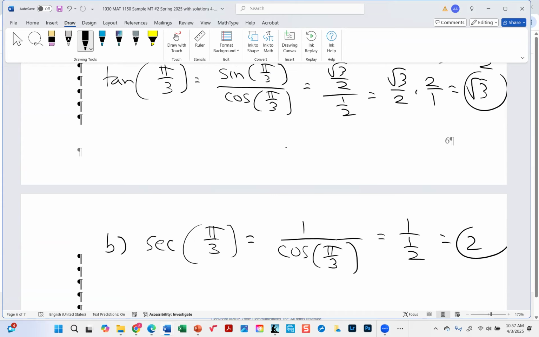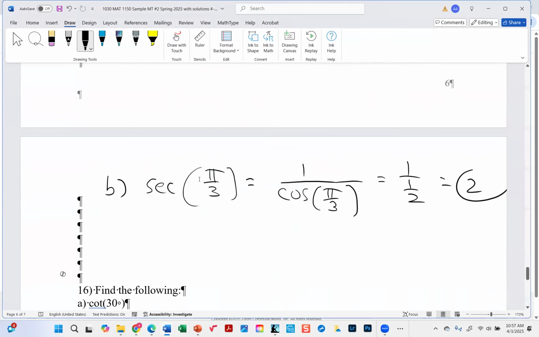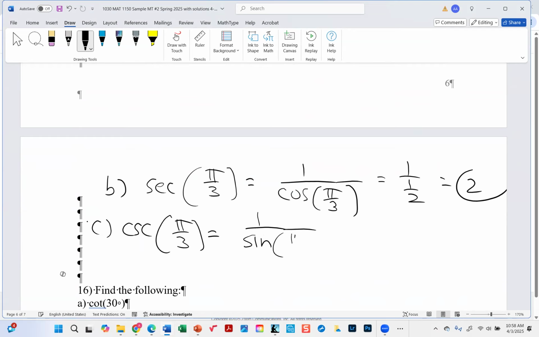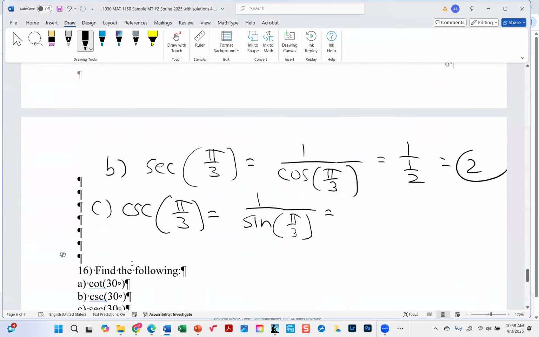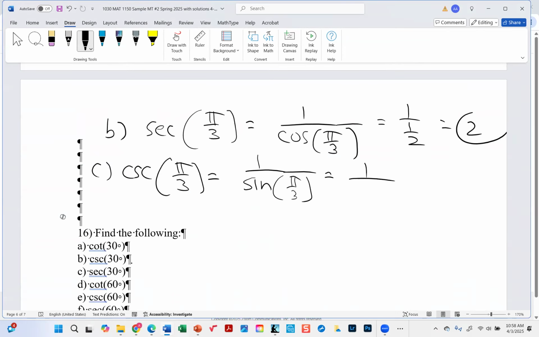So let's keep going. C is cosecant pi over 3. Now, again, because we don't have a cosecant button, it's not on the unit circle. We have to remember that this is 1 over the sine. And we just looked it up a minute ago, and we saw that the sine of pi over 3 is radical 3 over 2, which means 2 over radical 3.